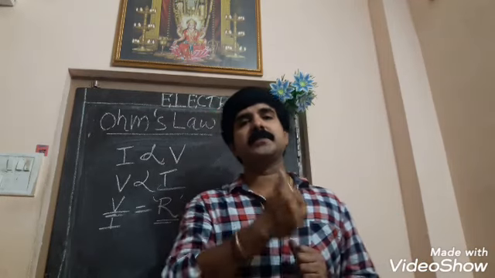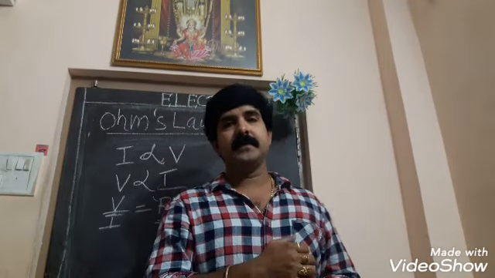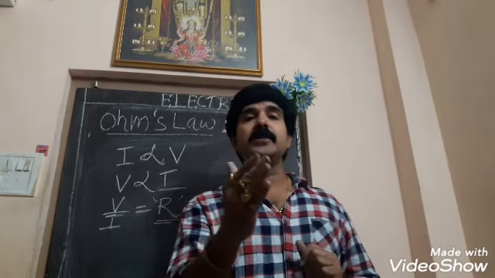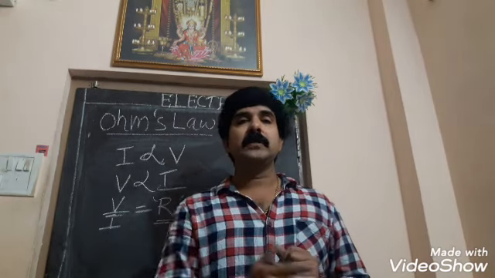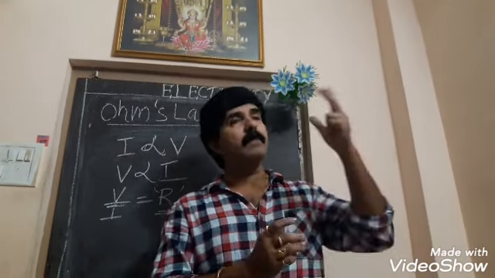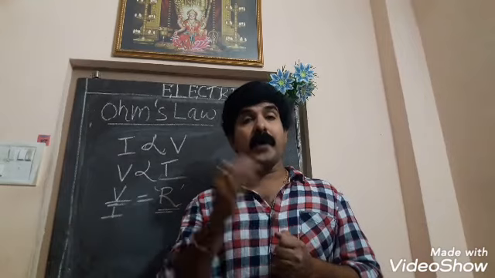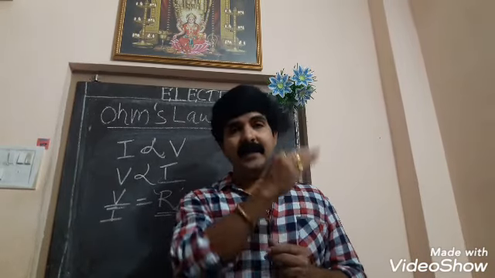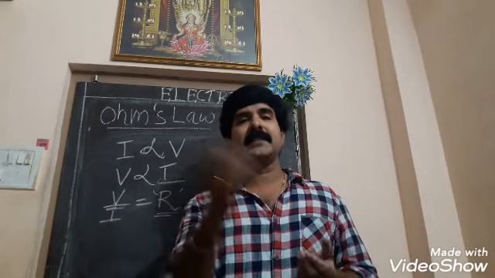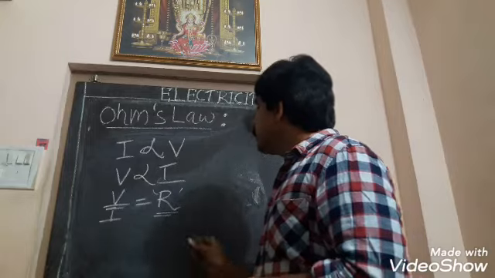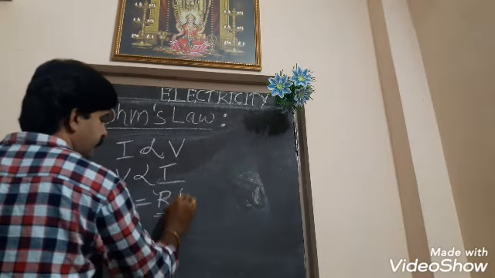It offers more resistance to the flow of current. That's why tungsten and nichrome, those metals we have been using in heaters, bulbs, etc. Why we are using that material in the bulbs, we'll discuss later.